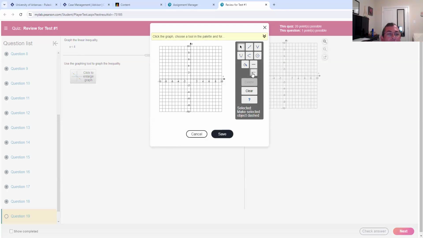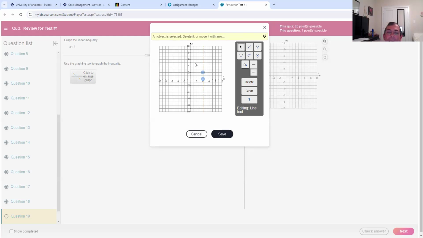All right, so what I do, since it says x is less than 4, I'm going to go get my line tool now. I'm going to go to the x-axis and go to 4. And then I'm just going to go up or down. So I'm just going to go up. But y'all, don't matter where you put your point at. It's got to make that vertical line though, okay? Now, less than, shading it left or right?